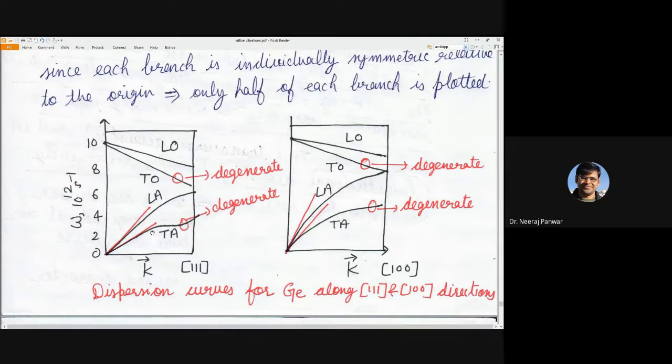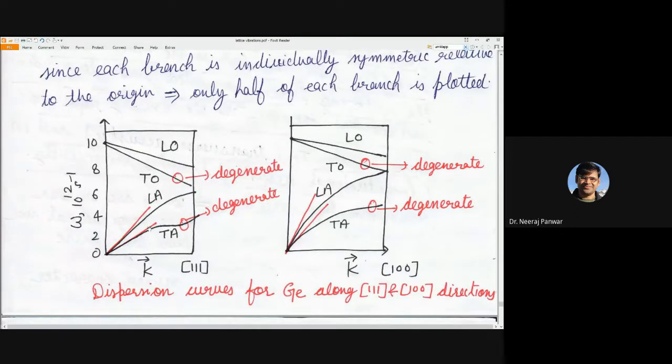That's why we will get six branches, but you see here there are two degenerate branches, and in the optical branch also we have two degenerate branches. Actually there are six, but in the figure, because of degeneracy, only four branches are there. Here we have two and one, three; two and one, three; total number is six.